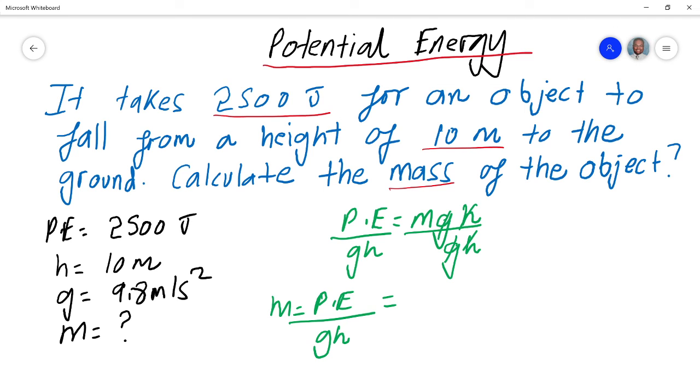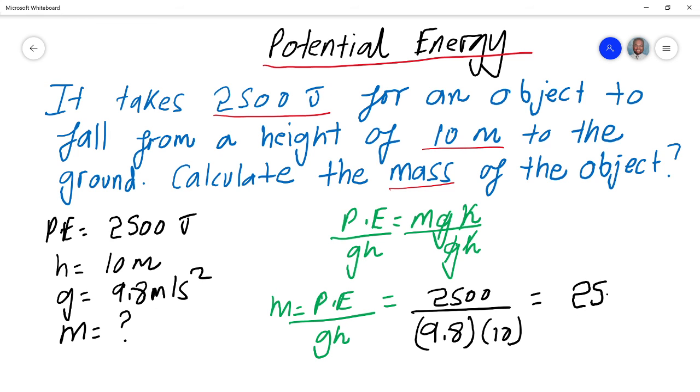My potential energy here is 2,500 joules divided by 9.8, and my height is 10 meters. Then you get your calculator to work out the solution: 2,500 divided by 9.8 times 10. And your mass now becomes 25.551 kilograms.